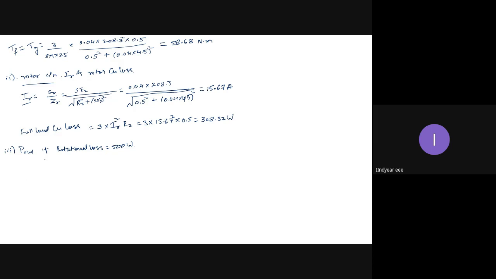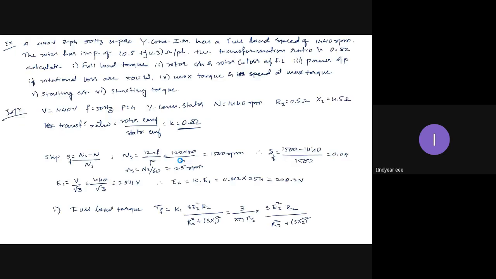Now, what is P out? I can write power developed in rotor PM is equal to rotational losses plus output power. This you can observe from the power flow diagram.